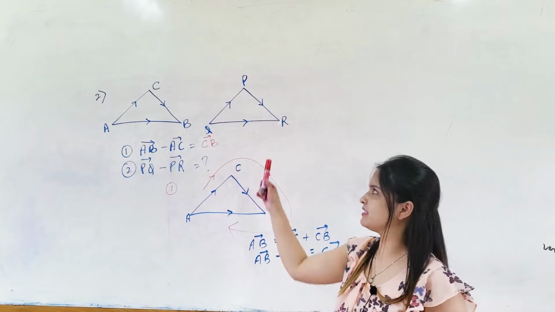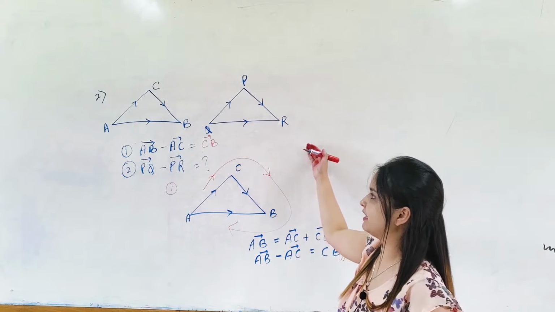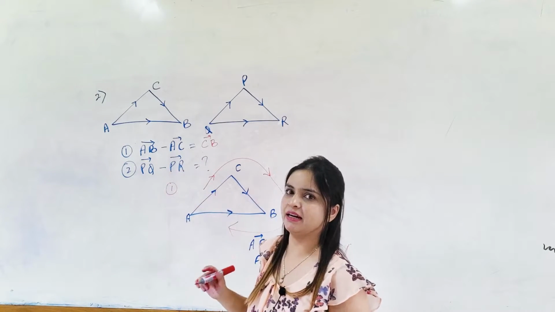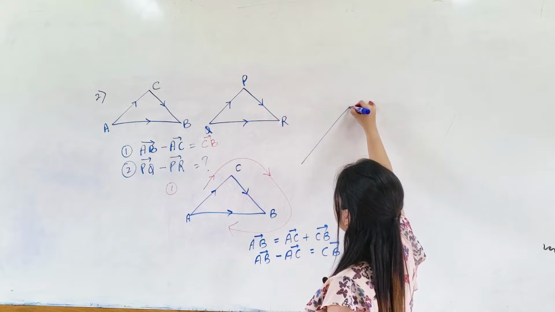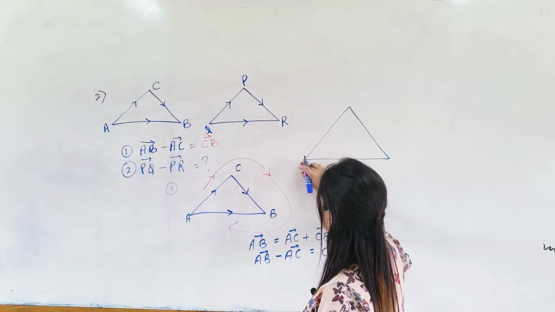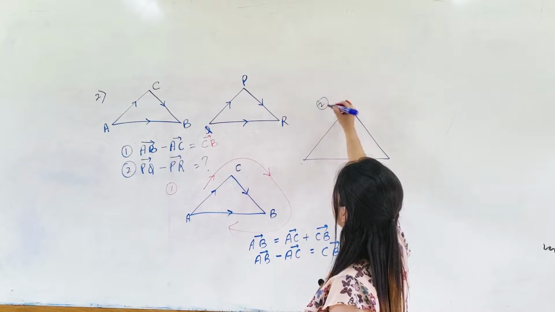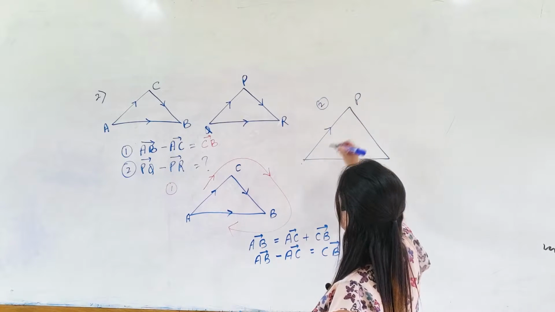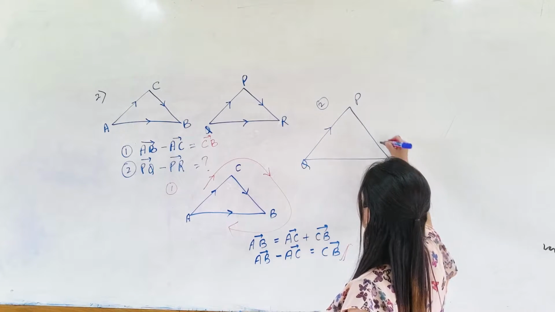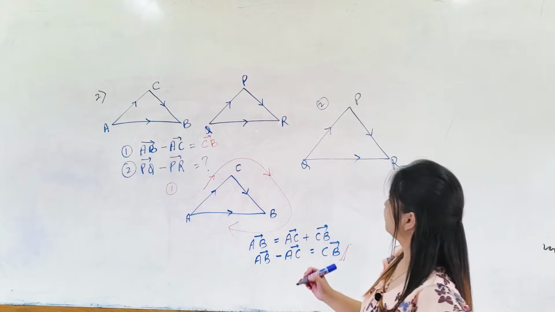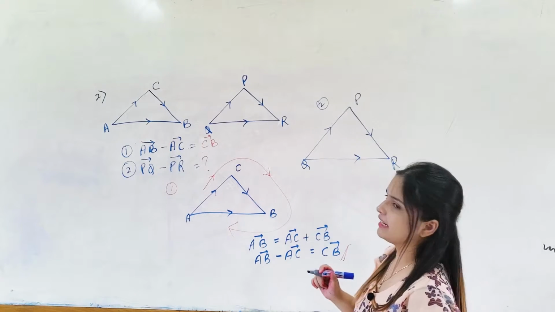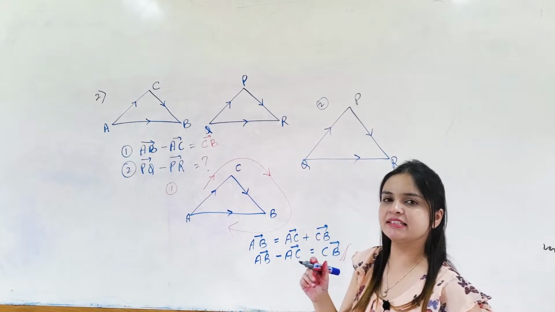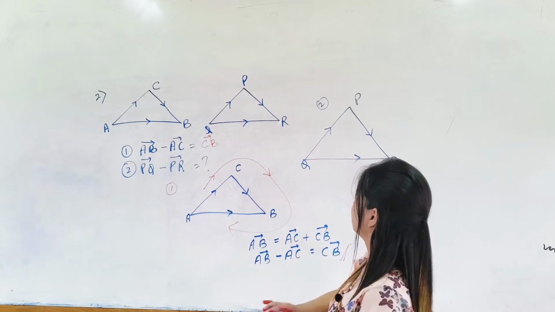Similarly, I can solve the second triangle and find the value of PQ minus PR. Let's draw the second triangle again. This is my second part. P, Q and R. Right? Now, again, look at any two sides that are going in the same direction.